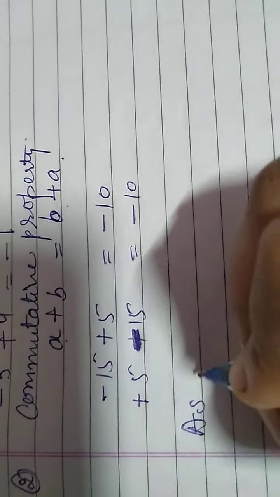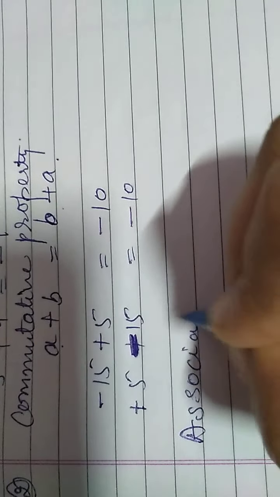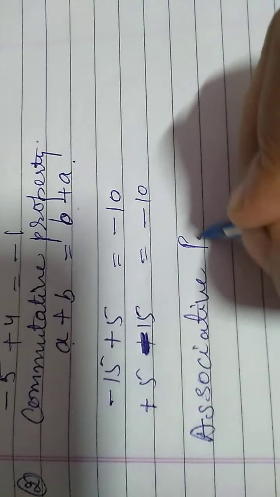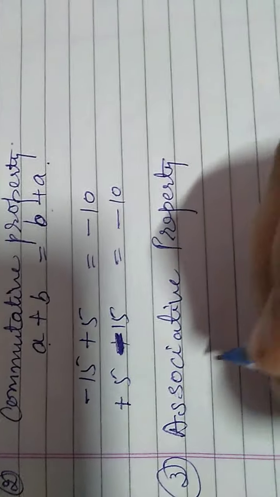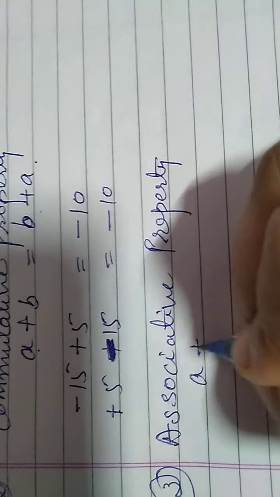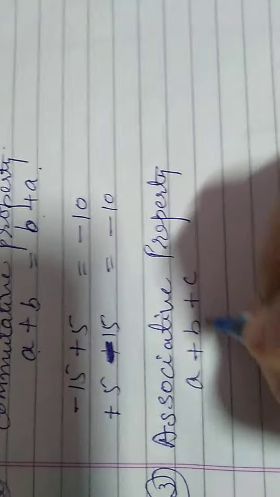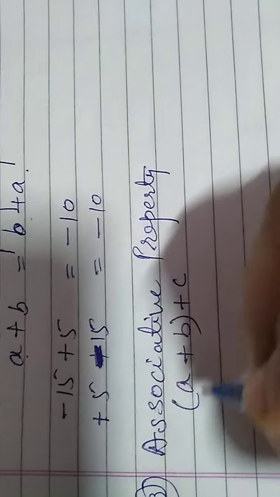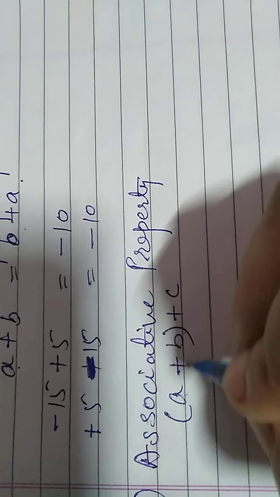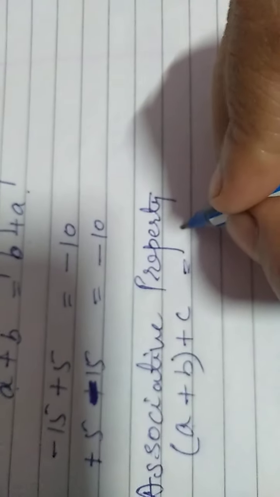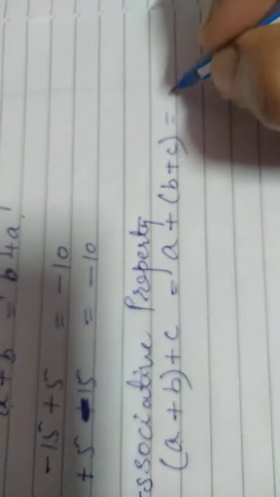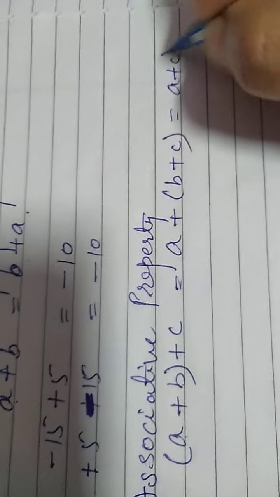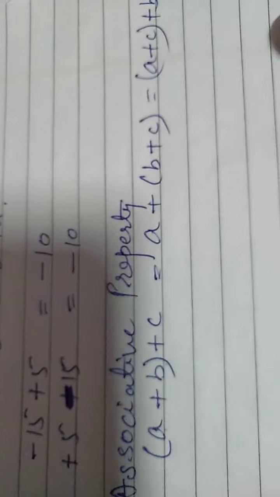The third property is the associative property. If we are adding more than two numbers like A, B and C, then we do the grouping of the numbers. If we group A and B, or B and C, or A and C, in all conditions their addition will remain the same.